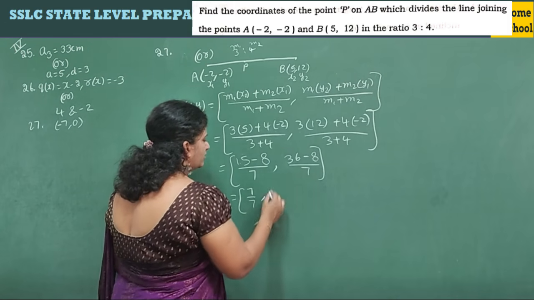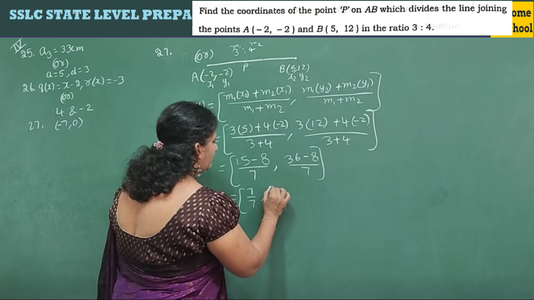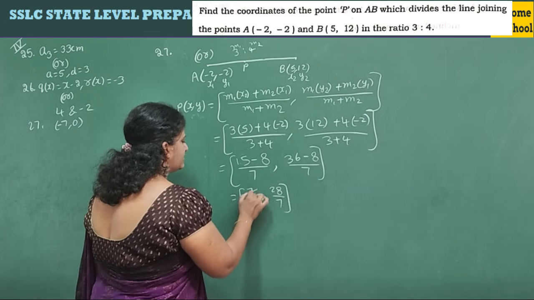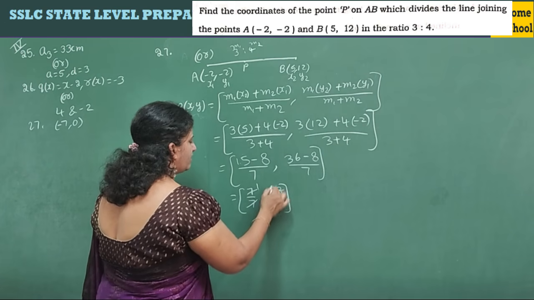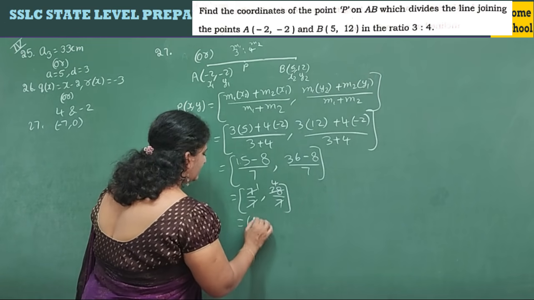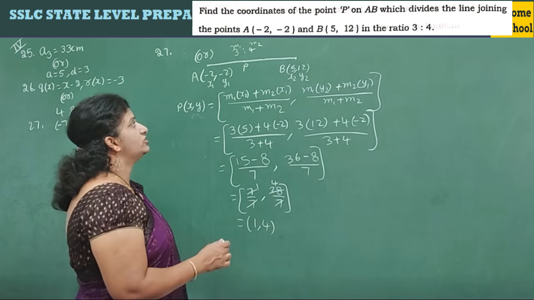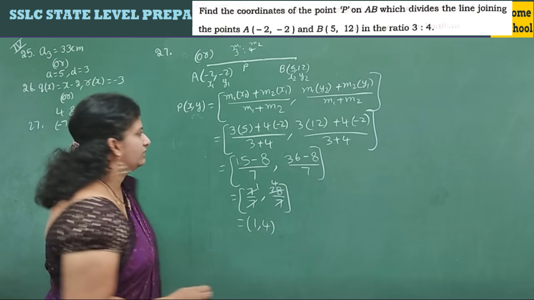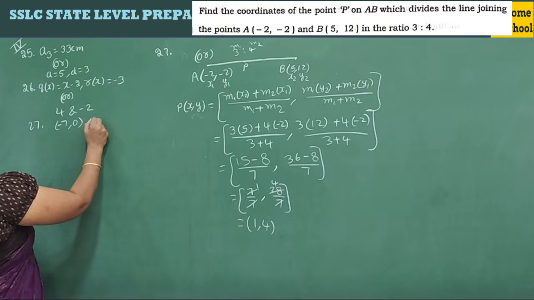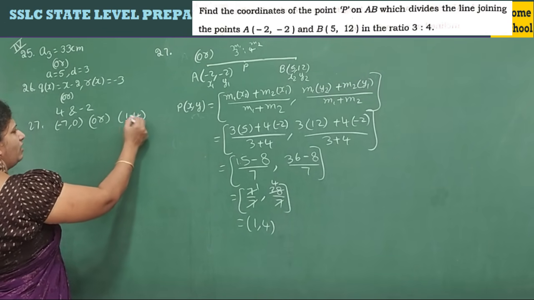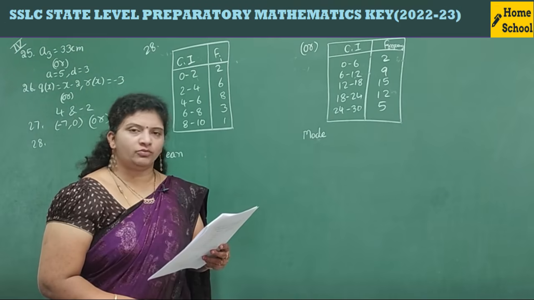And here 36 minus 8 will be 28 by 7. Cancel, 7 ones are 7, 7 fours are 28. That is 1 comma 4, the point of division of the line segment, right? So, or question, what is your answer? 1 comma 4.